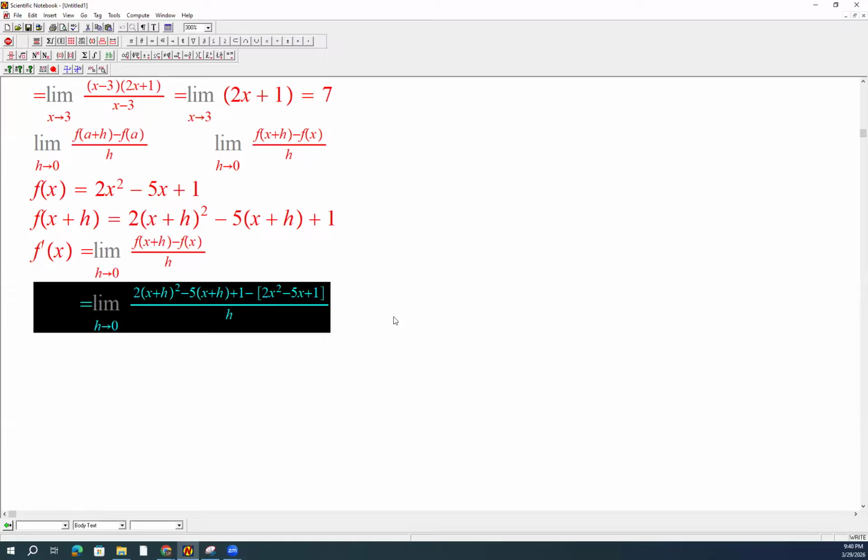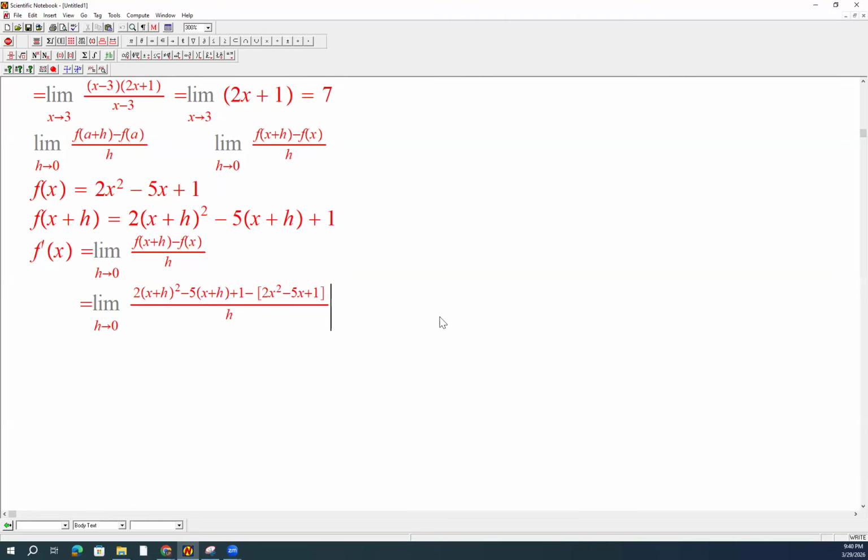Let's see how we're going to finish up this part of simplifying. So let's first make this 5 minus 5x minus 5h. I'm just going to reduce it slowly. Follow me. And this negative sign will be distributed to each term inside the bracket.